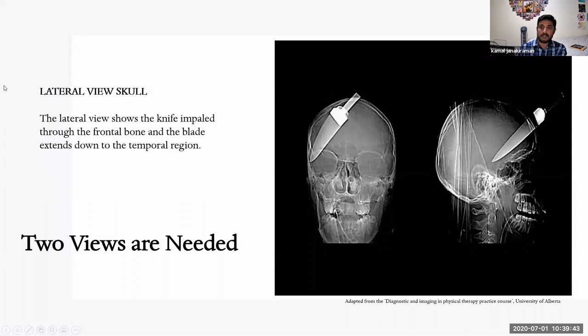Now, when you take the lateral view of the skull, we can clearly see that the knife is impaled through the frontal bone and the blade extends down to the temporal region. So this is the reason we always say two views are needed. Remember, whenever you ask for imaging, two views are needed. One view doesn't provide enough information.